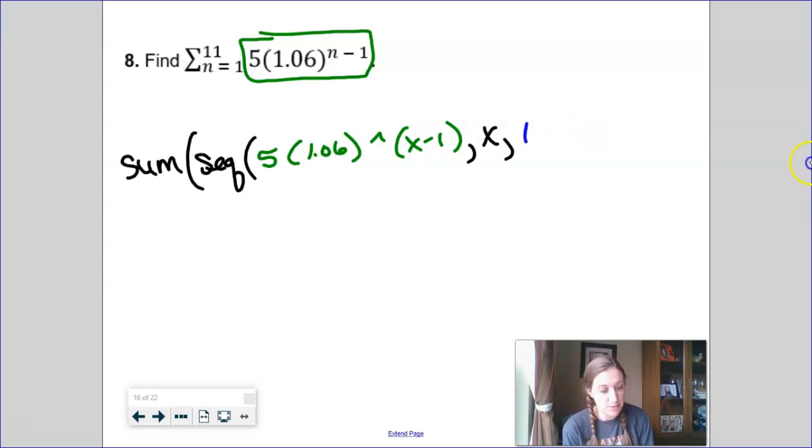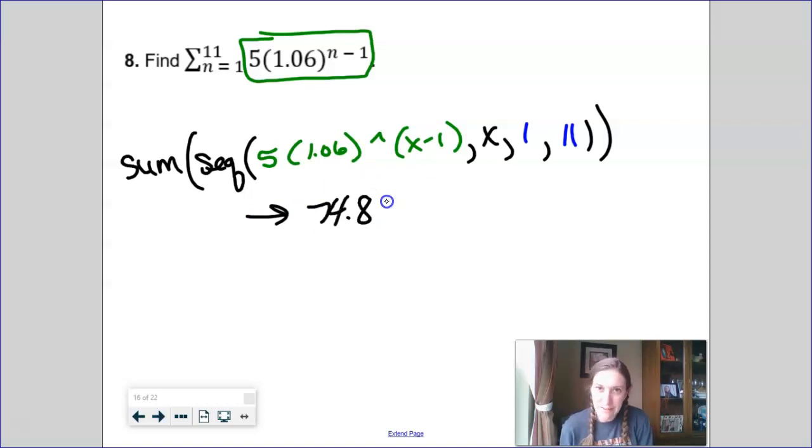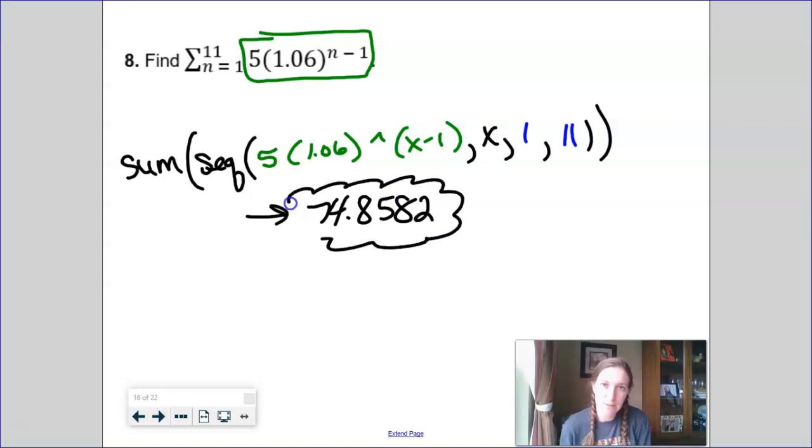So you're going to start at 1, and you're going to end at the 11th term. Yay, technology! I know I'm going a little over on time, so I'm going to just steal my answer. Ew, 74.8582. And we knew it wasn't going to be a beautiful answer, but that's what technology's for, right?